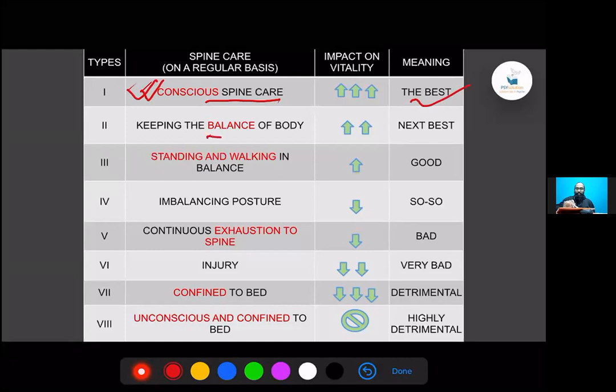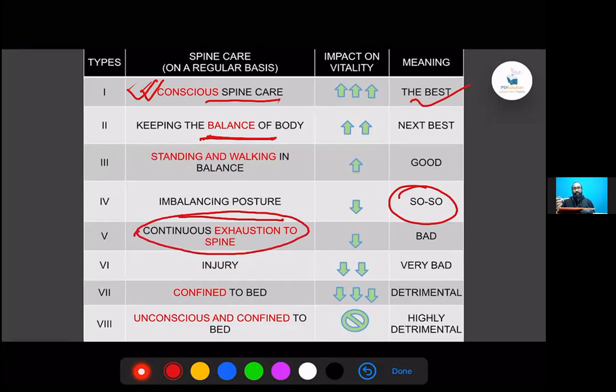Other than that, keep the body mindfully balanced, standing and walking in balance. Imbalanced posture is the start of the problem. Then there is continuous exhaustion of the spine. If my profession leads me to exhaust the spine continuously, taking loads imbalancedly, we need to be very mindful about lifting any load.